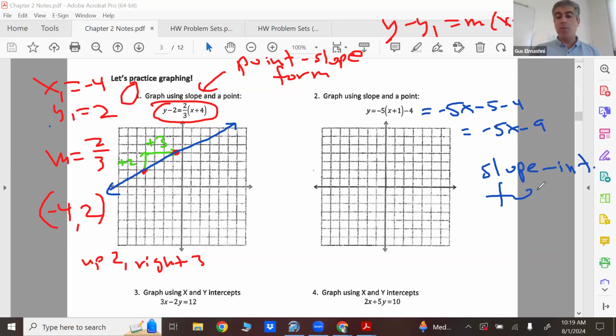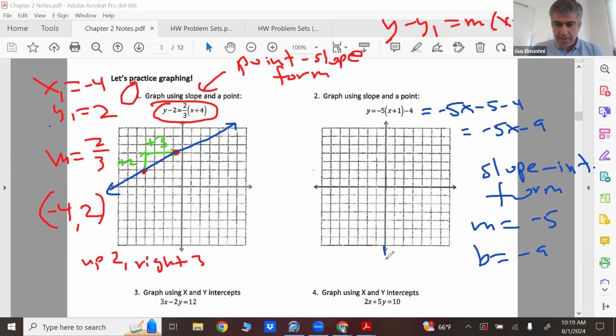I could have done the same thing for number 1, by the way. If you want to put it in slope intercept form, totally could do that. What's m here? What's b? It's a negative 9, after we distribute and combine like terms. So yes, you do see a negative 4, but you have to distribute first because it's not quite in that form in the beginning, but I forced the issue.